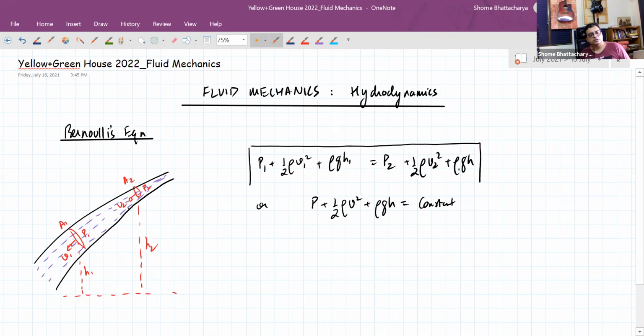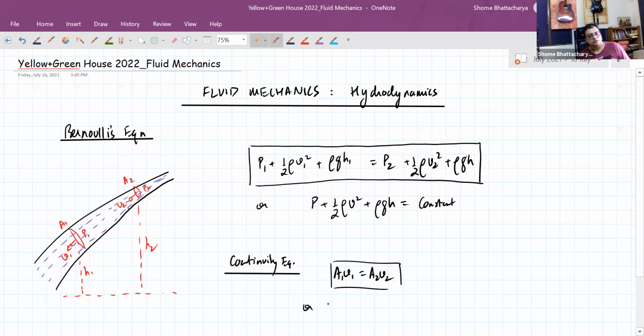Now, on the other hand, we have already seen the continuity equation earlier. So that simply states that the volume flow rate is uniform. So if we compare 2 points, the product of area into speed of flow is constant.